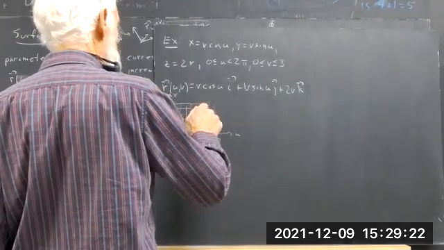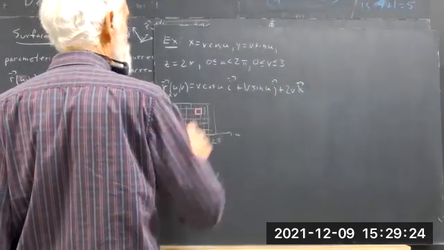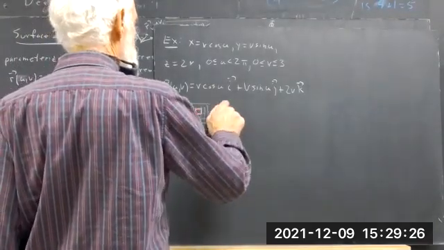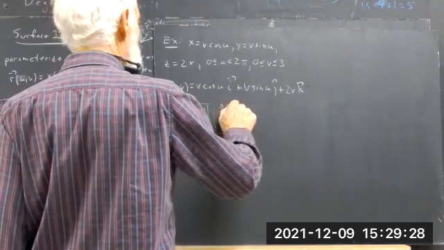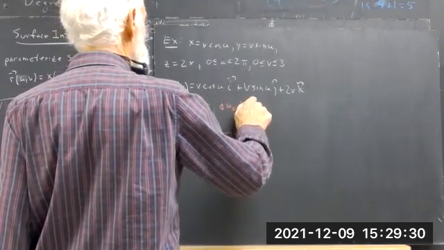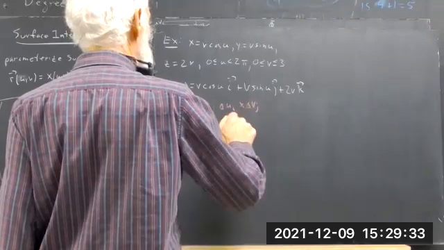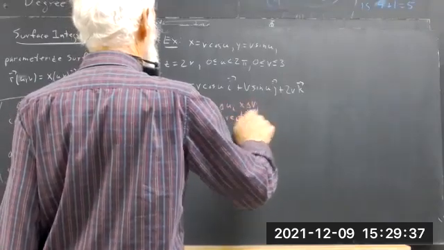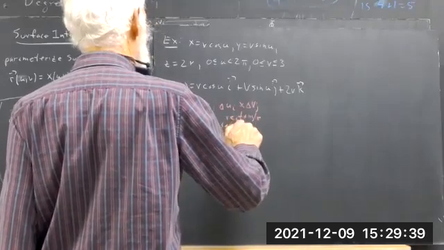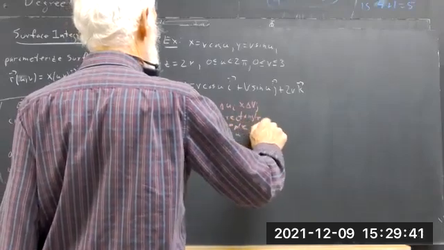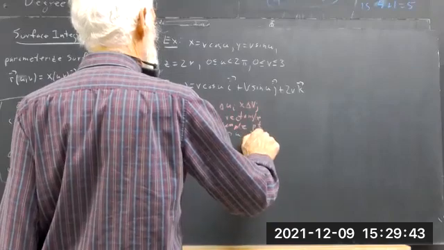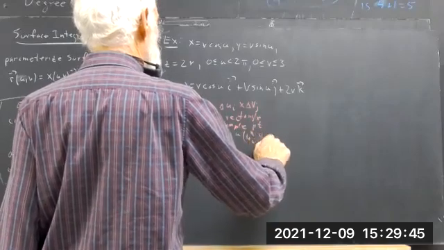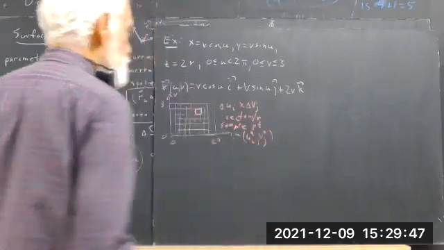So here, let's just say this is our typical delta u_i by delta v_j rectangle with sample point u_i star, v_j star.